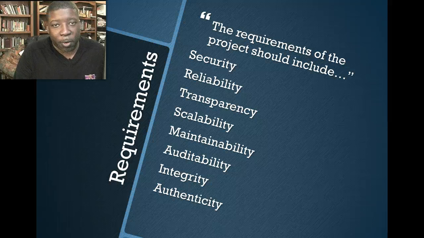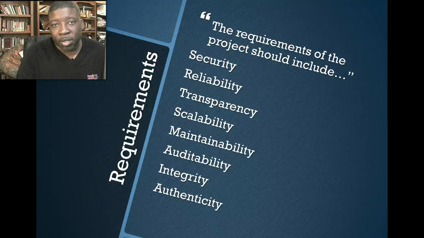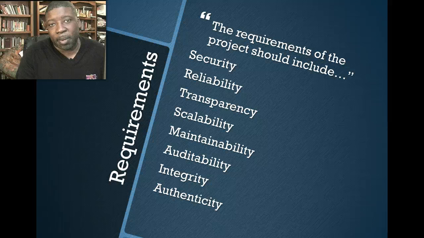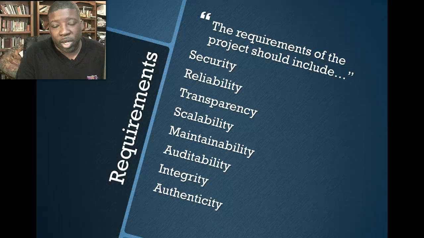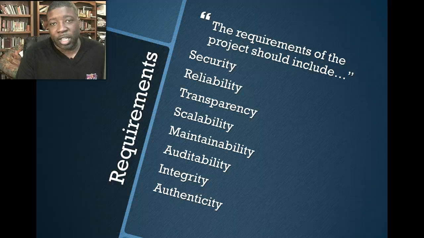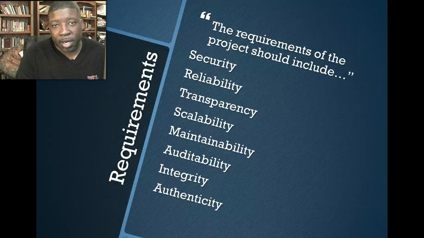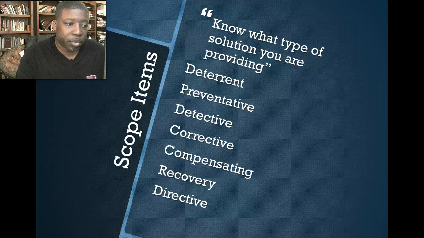But long term, you need your solution to do all eight of these things. So when you're building your scope and requirements, make sure you have these things in mind. And if your key stakeholders don't want all of these things in the solution, at least you can warn them of the risk of not having these items or the solution not addressing these items.